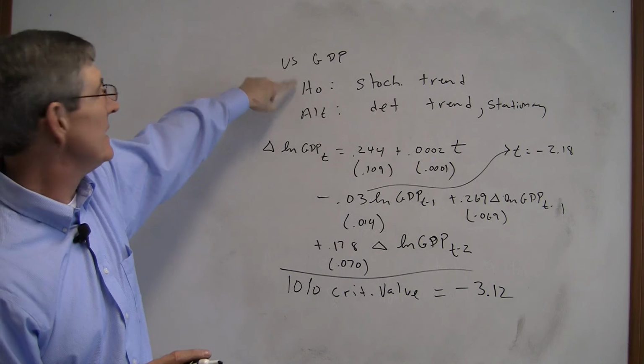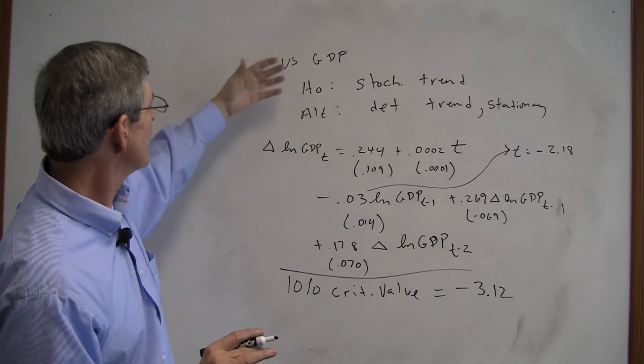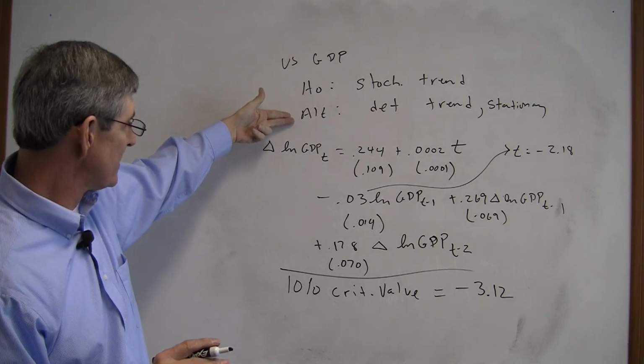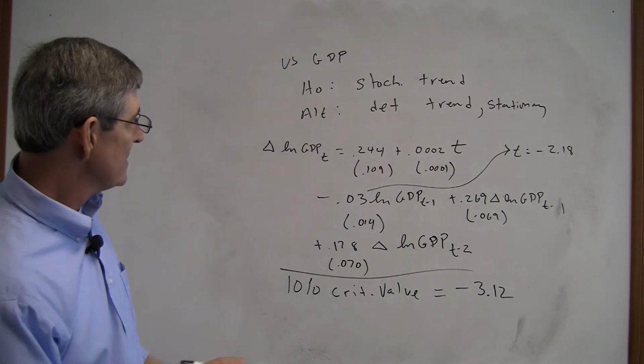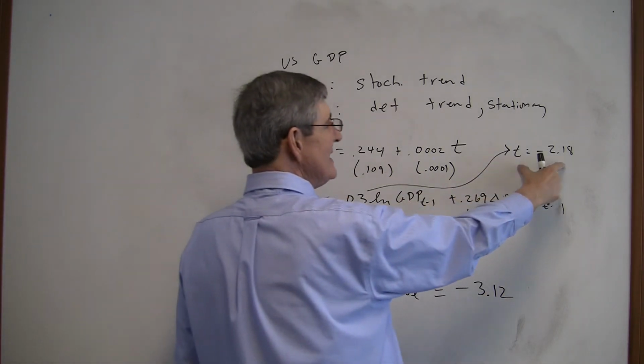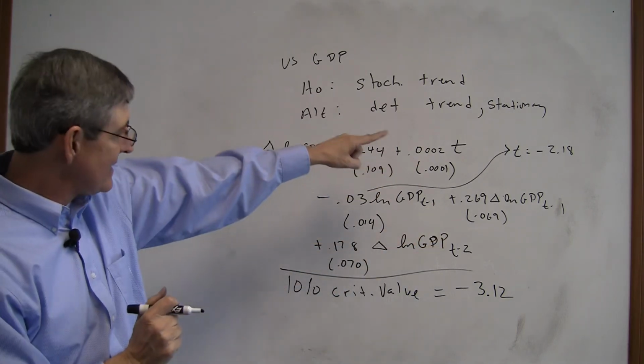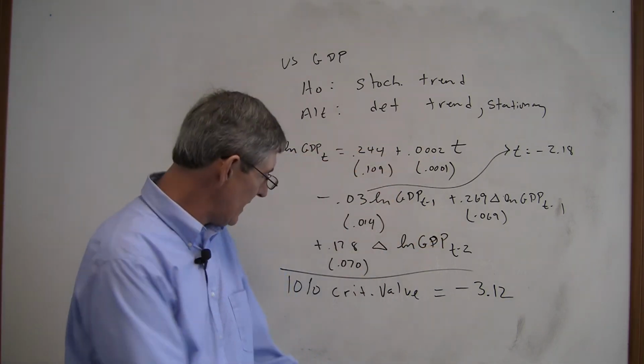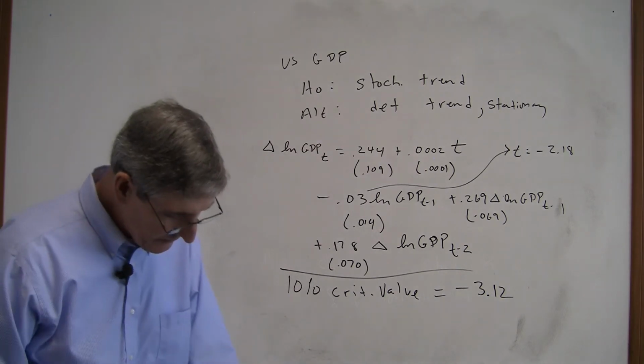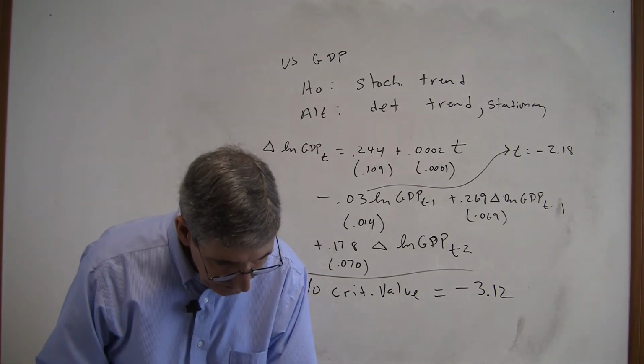So we're accepting a stochastic trend instead of a deterministic trend with stationarity. So you can't just look at this t statistic. You run this type of regression, but you can't just look at that t statistic in the normal way. You have to grab the critical value from the right table.